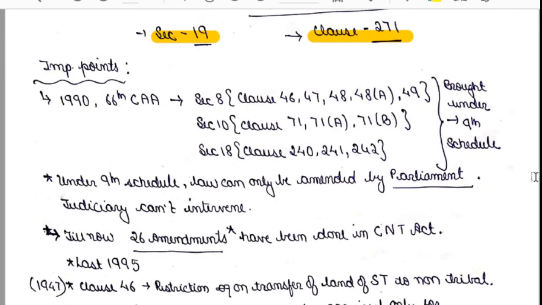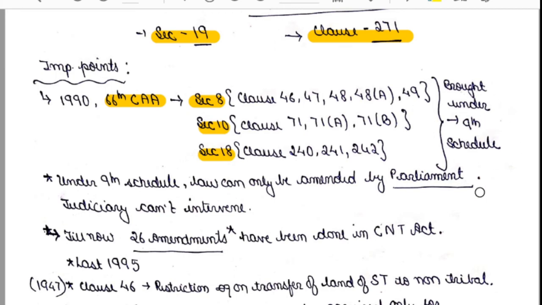Now let's see some of the important points under the CNT Act of 1908. Okay, see, in 1990, by the 66th Constitutional Amendment Act, section number 8, section number 10 and section number 18 were brought under the ninth schedule.